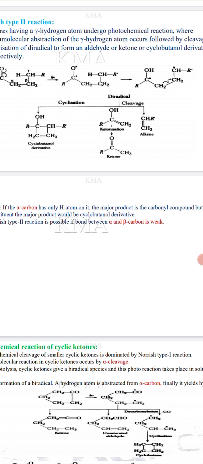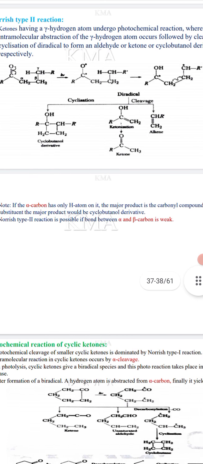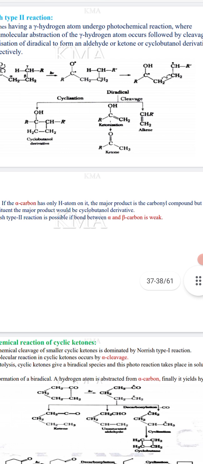So when it breaks at this beta carbon atom, it forms two products. One is RCOH=CH2 and an alkene CHR' double bond CH2. The aldehyde which forms undergoes a change again to form a ketone.